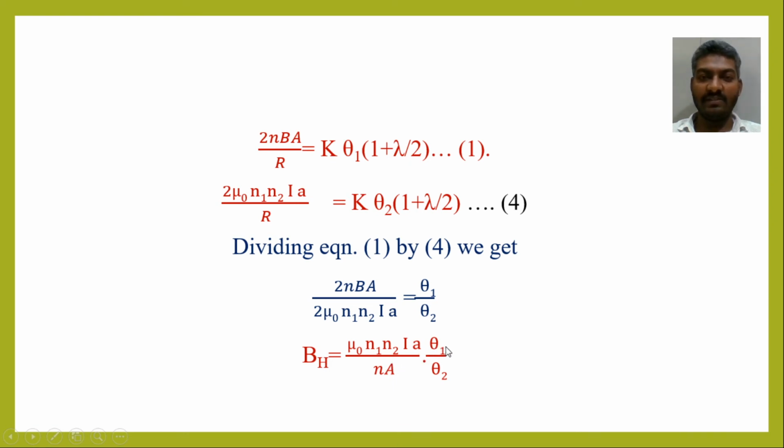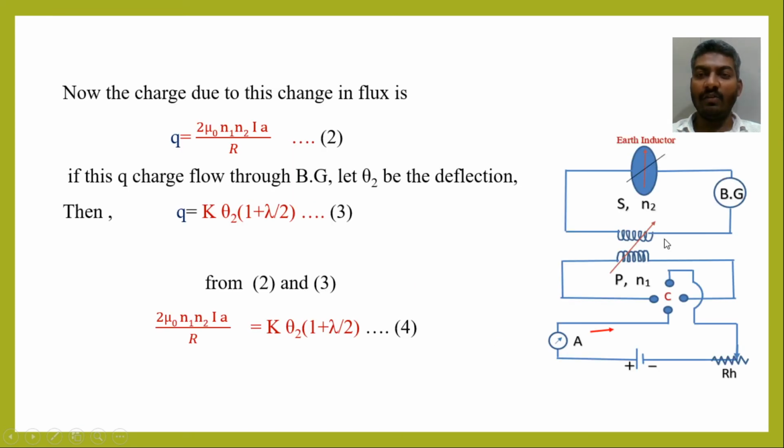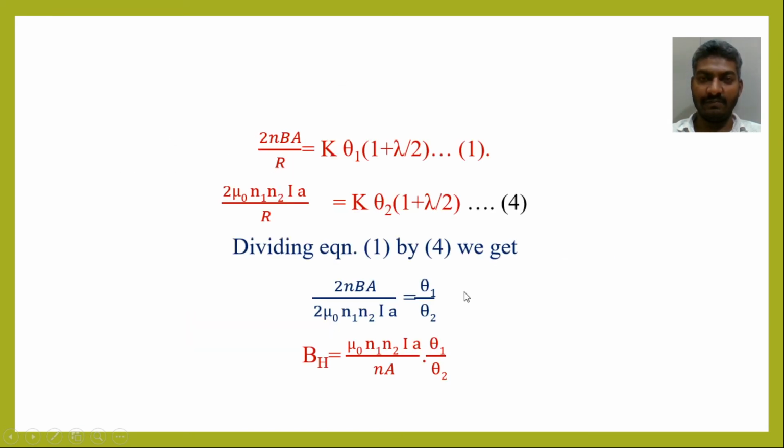Theta 1 is the deflection produced in the ballistic galvanometer when the earth inductor coil is rotated, and theta 2 is the deflection observed through the ballistic galvanometer due to some amount of charge. That charge is due to the change in magnetic flux in the secondary coil from this circuit. By knowing all this, we can determine the horizontal component of Earth's magnetic field.